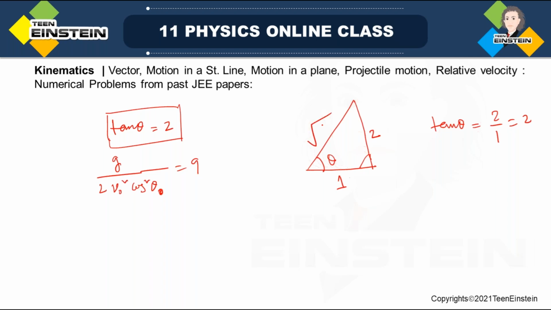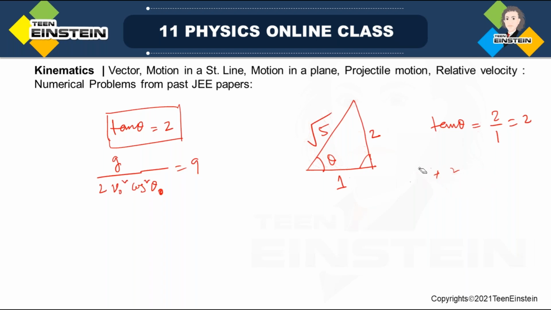So we can write here root 5, the hypotenuse of the triangle. This is the square root of perpendicular square plus base square. Base square is 1, perpendicular square is 4. Anyway, we have got this.